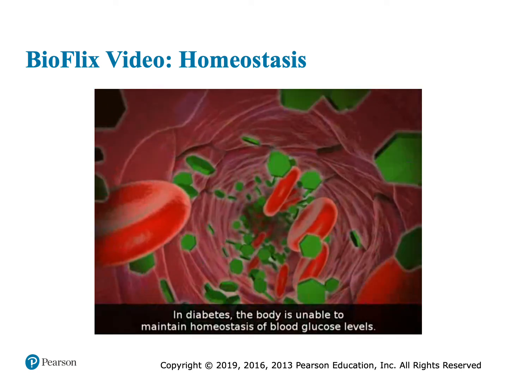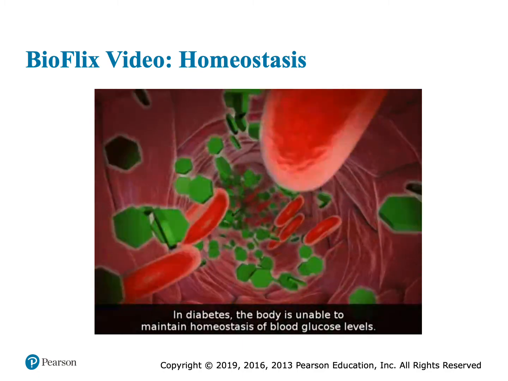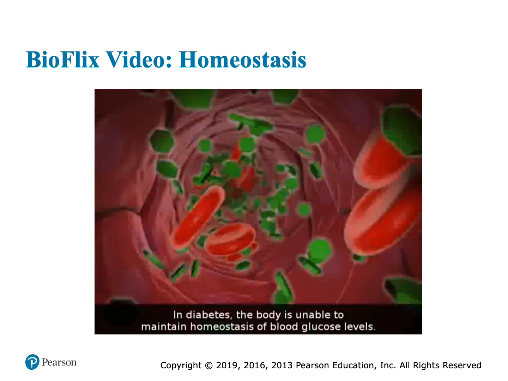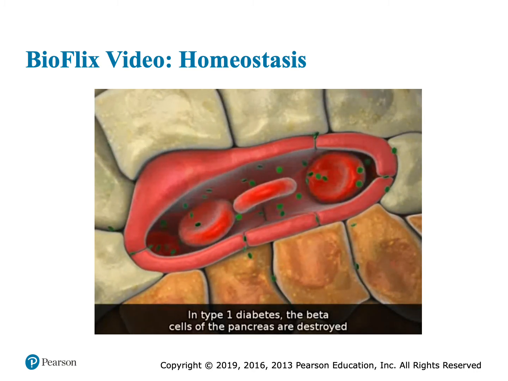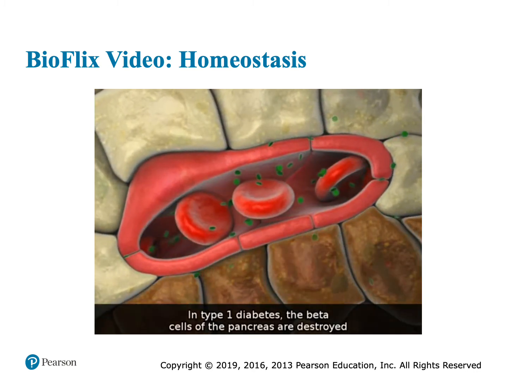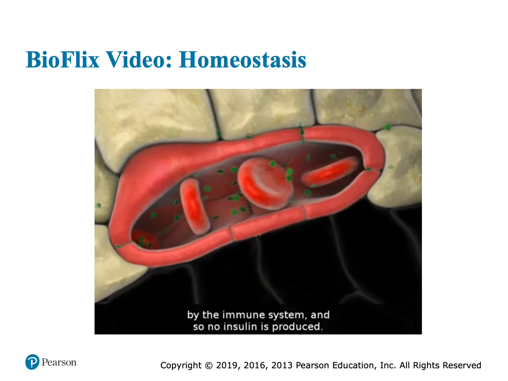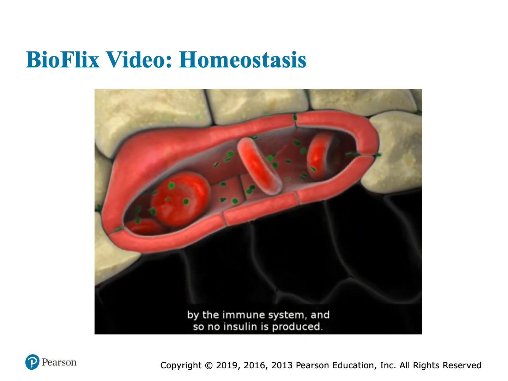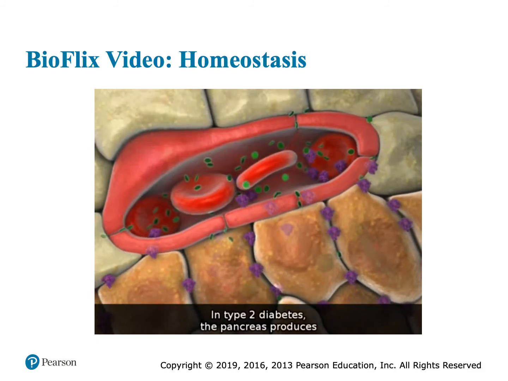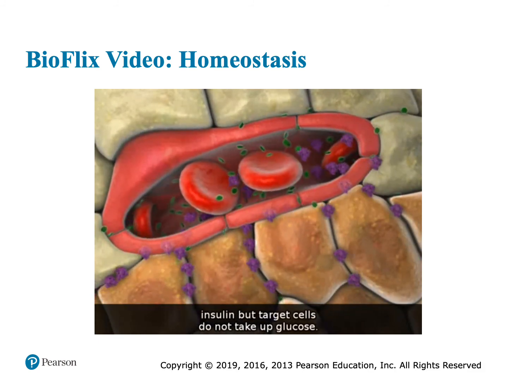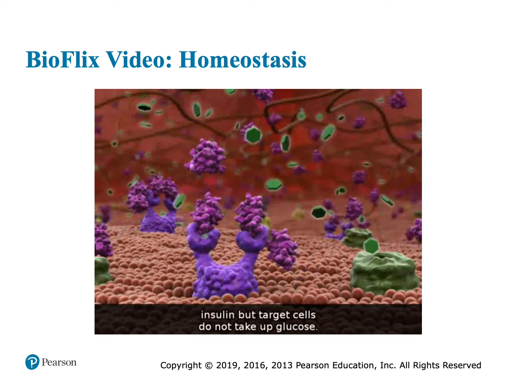In diabetes, the body is unable to maintain homeostasis of blood glucose levels. In type 1 diabetes, the beta cells of the pancreas are destroyed by the immune system, and so no insulin is produced. In type 2 diabetes, the pancreas produces insulin, but target cells do not take up glucose.